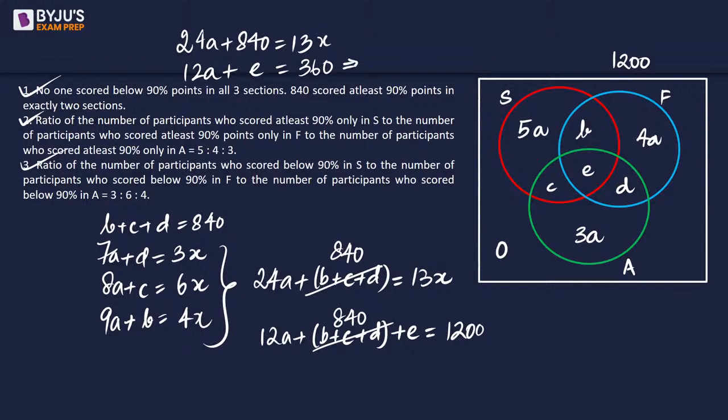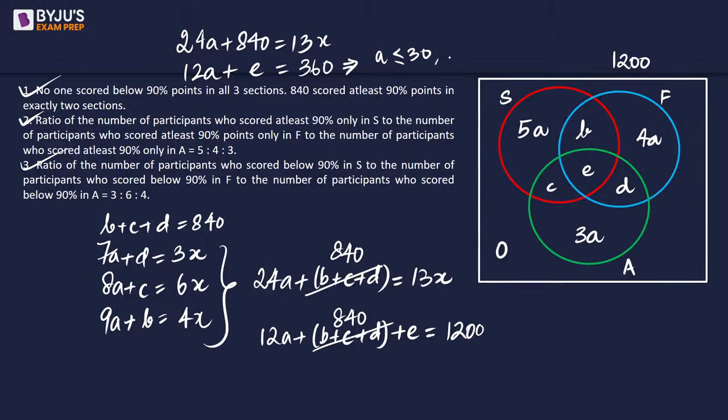Okay, if you look at this, see, A cannot be 31, let's say. If A is going to be 31, 12 into 30 is 360. So 12 into 31 will be 390. So E will be negative. We can't have negative values anywhere. That's the unsaid rule about regions of Venn diagram. So A की जो maximum value है वो 30 हो सकती है. Right?